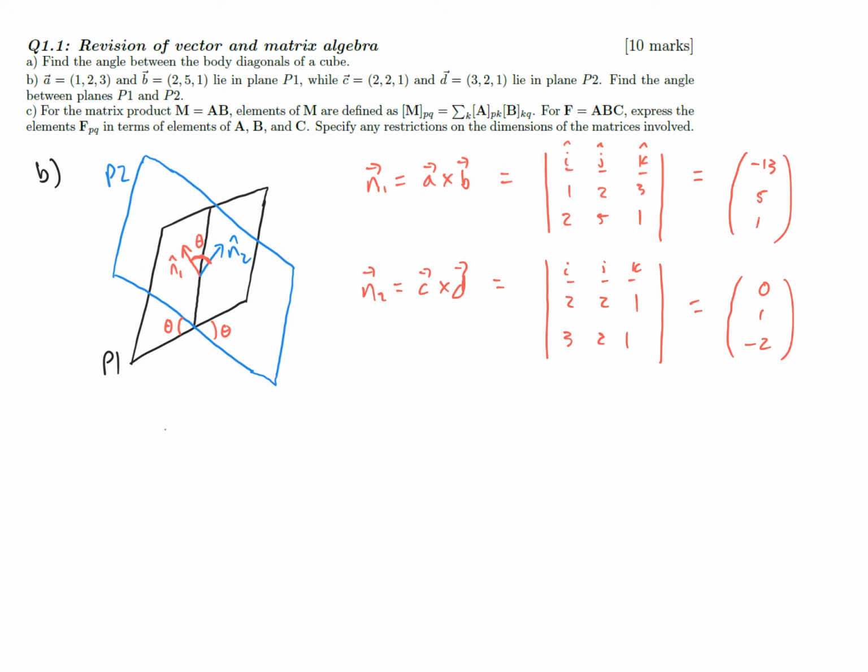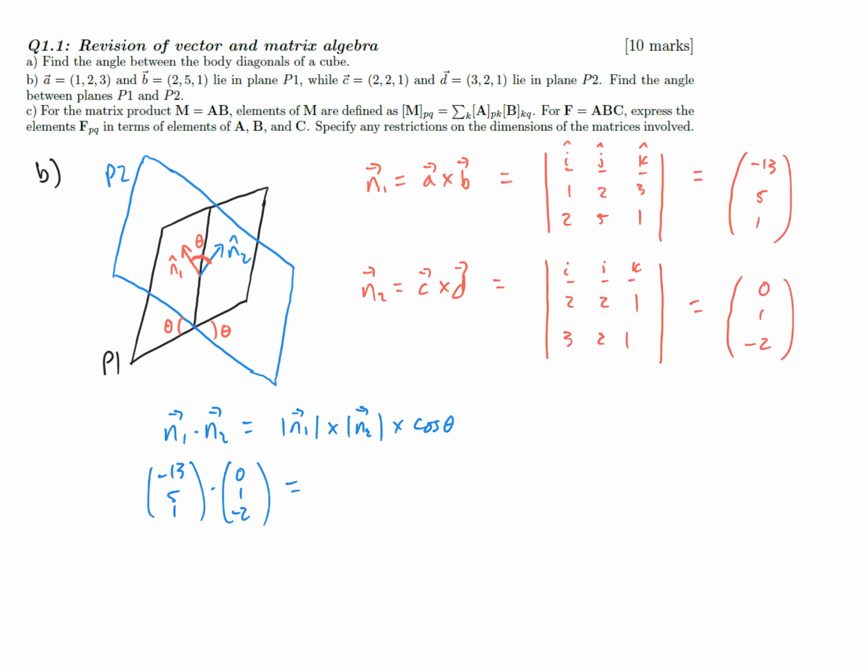So the angle between them we get from the dot product, n1 dot n2. As before, that's the modulus of n1 times the modulus of n2 times cosine of the angle between them, and we're interested in precisely that angle theta. On the left-hand side, we have minus 13, 5, 1, dot 0, 1, minus 2.